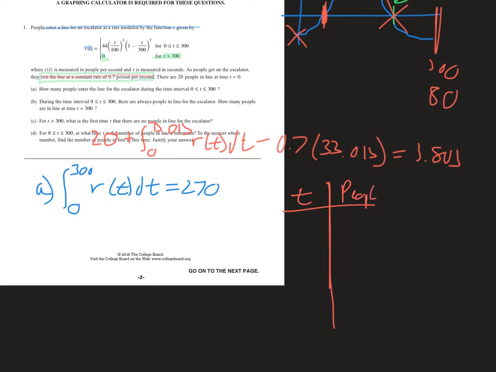And they'll say, okay, we need to think about 0, 33.013, 166.575, and then 300. And then they'll just list the values. So this one was 20, we know. This one we just figured out is 3.803.